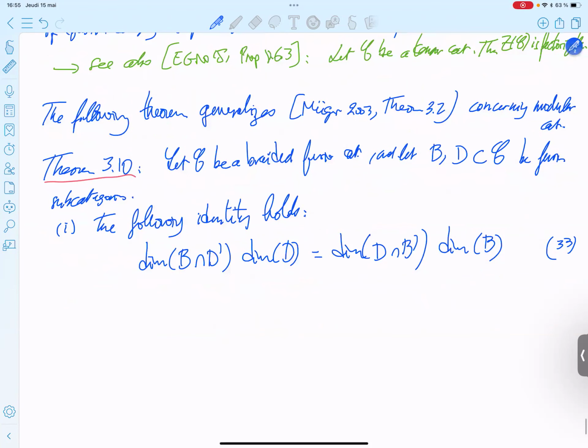And I will write this tomorrow. In particular, you will have equation 34, when B equals C, you have something I will write tomorrow.